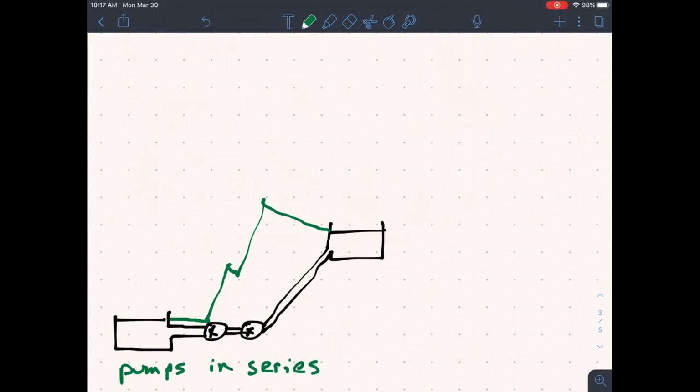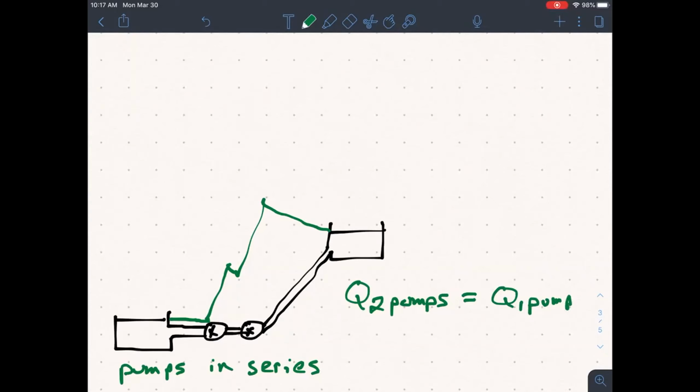So when we have pumps in series, the discharge rate of two pumps is going to be equal to the discharge rate of one pump, because they're in series, they're not increasing the discharge rate.